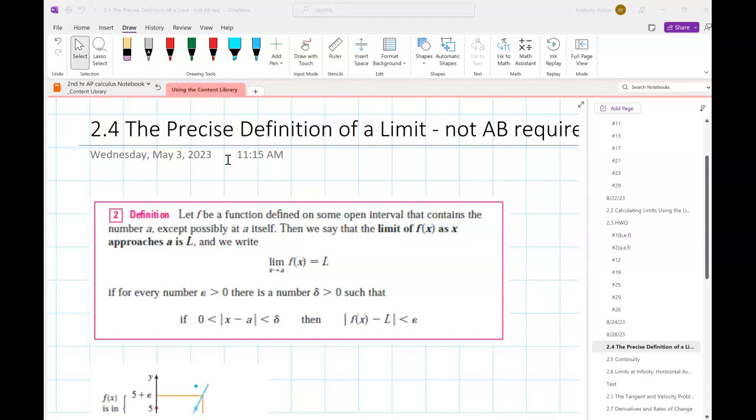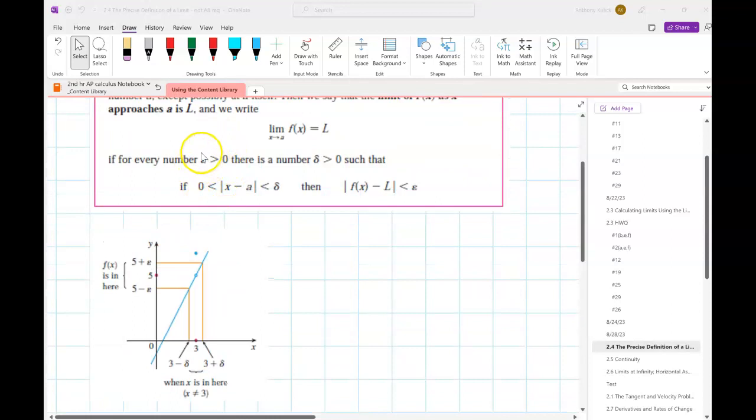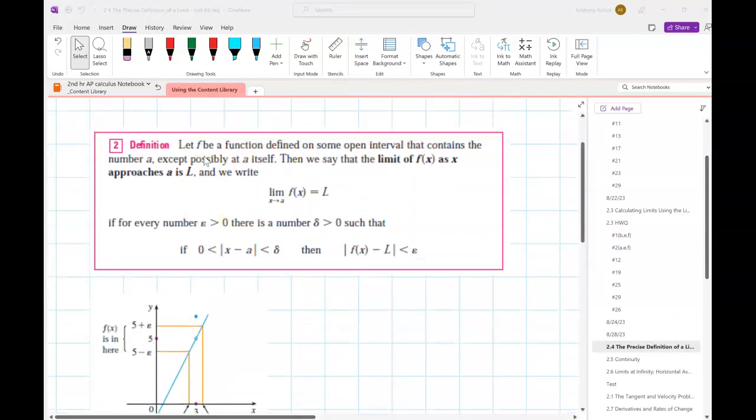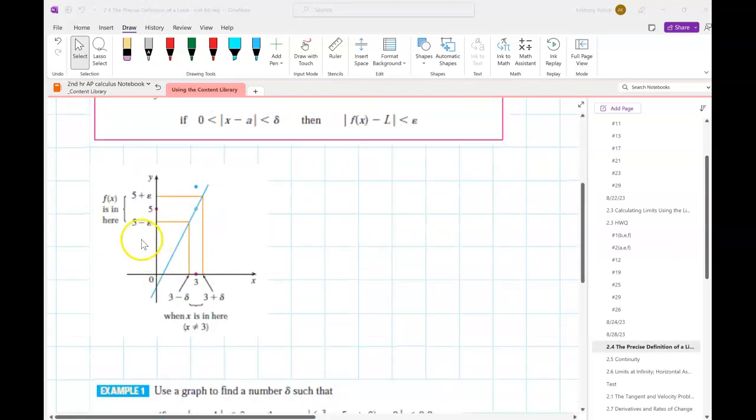What are we saying here? So what we're saying is epsilon is the distance between the function's value as you're approaching a and the limit, right?